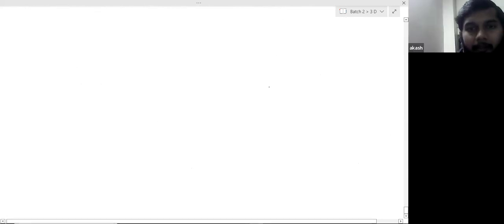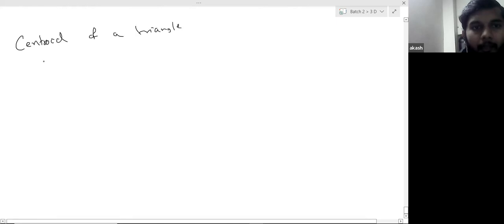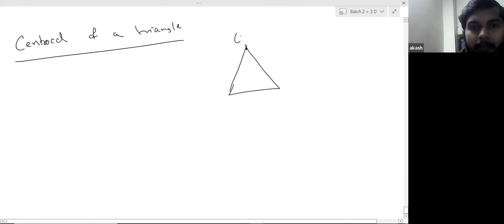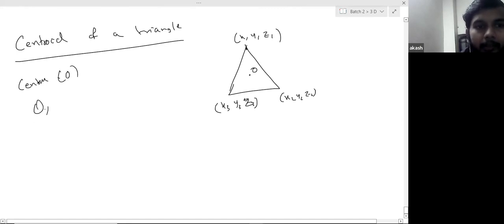Okay, last topic of this chapter is, write down, centroid of a triangle. Okay, if there is a triangle with the coordinates of vertex as x1, y1, and z1, x2, y2, and z2, x3, y3, and z3, then the formula for centroid, suppose the centroid is O, all right, then OX you can find by x1 plus x2 plus x3 by 3.